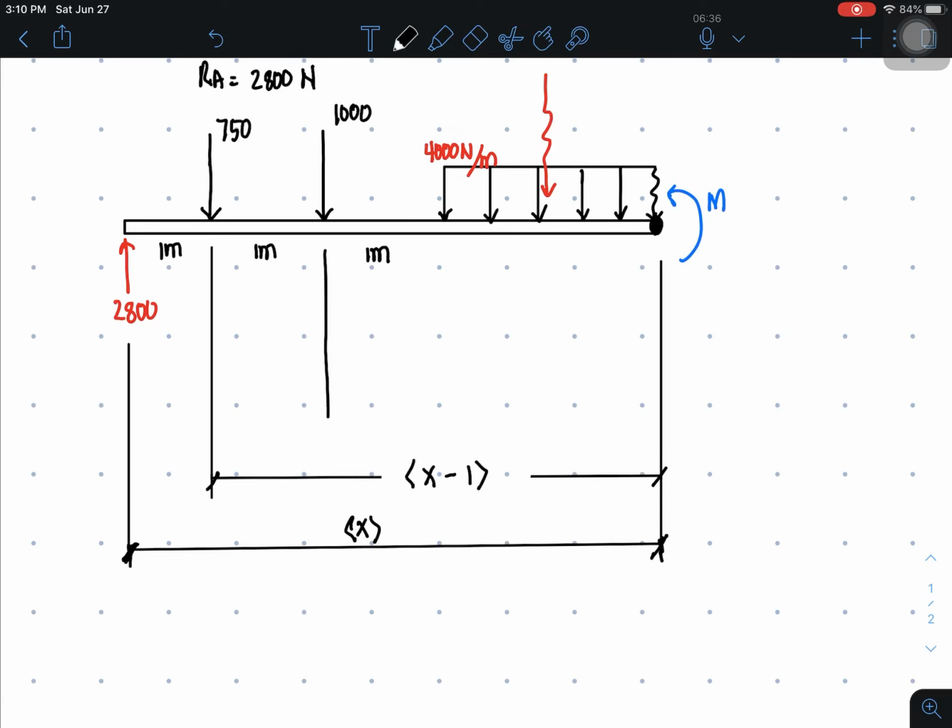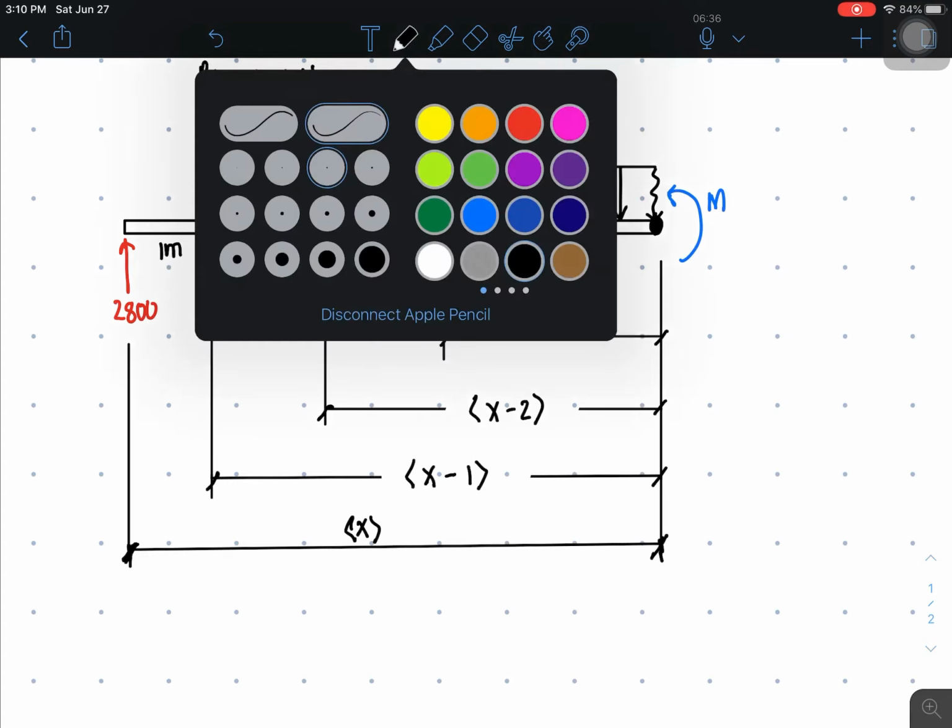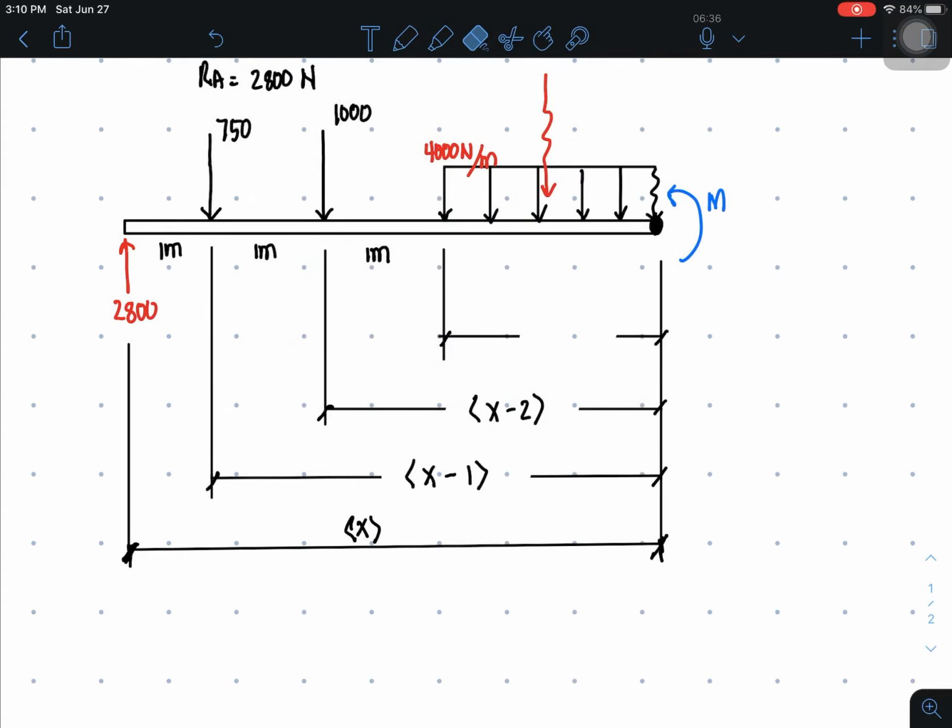Then here, this is x minus 2, and this distance here and the 3, this is x minus 3.